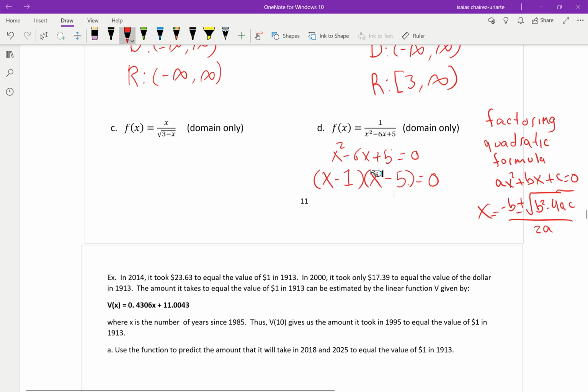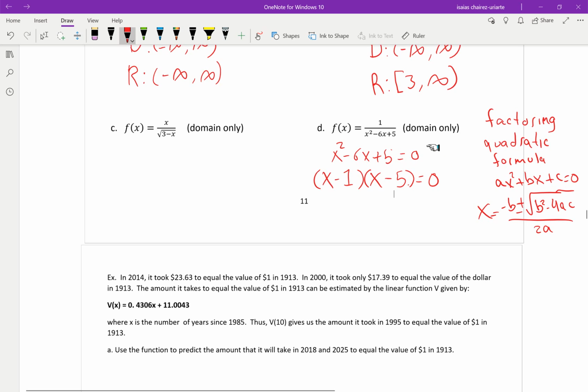x times x, that's x squared, so that's good. And then x times negative 5 is negative 5x. Negative 1 times x is negative x. So negative 5x and negative x gives me negative 6x, so that's good. And negative 1 times negative 5 gives me positive 5.